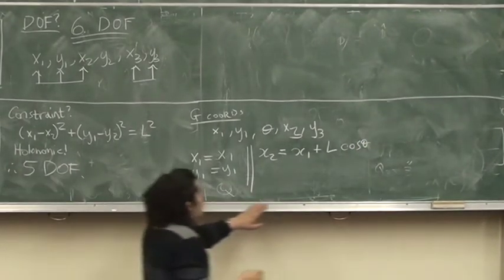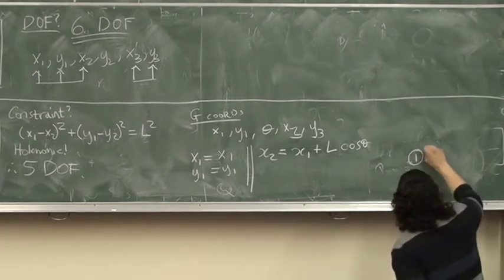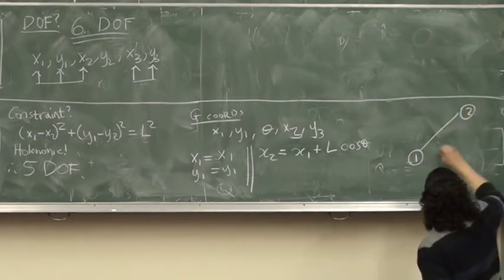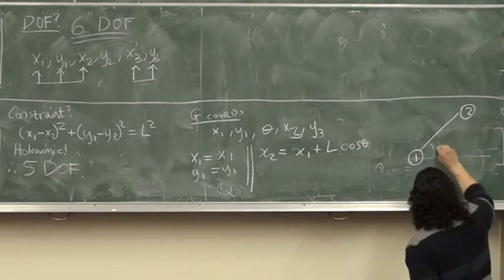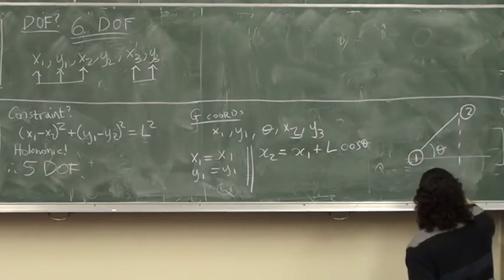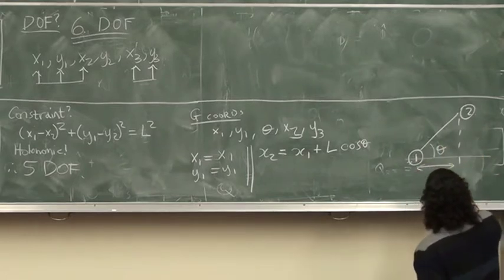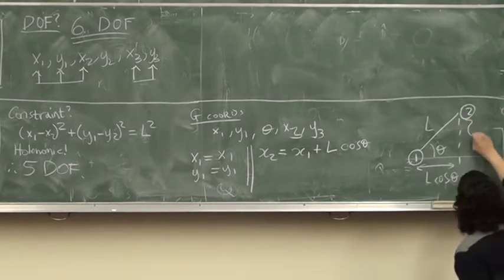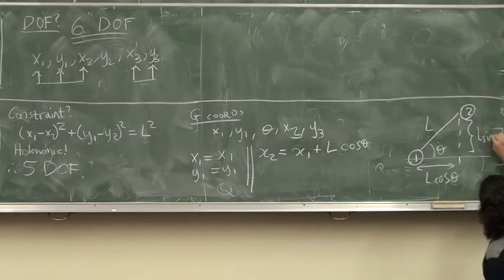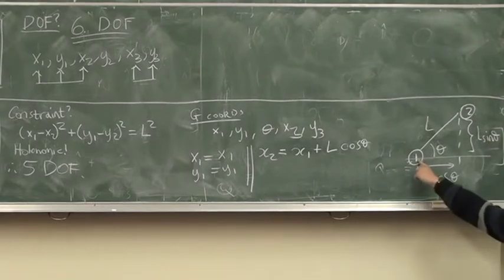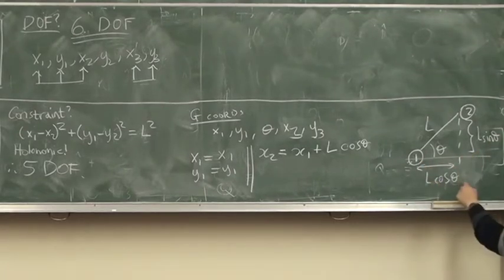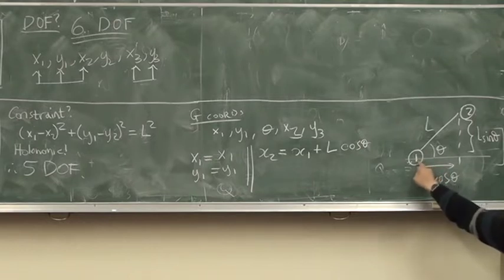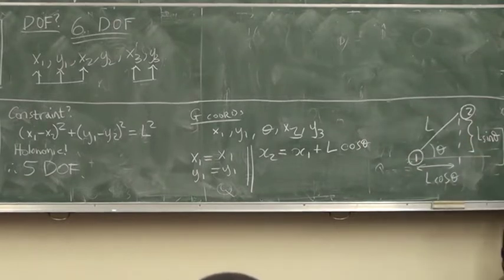I can draw these two particles together, 1 and 2, at an angle of theta from each other. The x difference here is L cos theta. The y distance here is L sin theta. So from x1 to x2, I move L cos theta. From y1 to y2, I move L sin theta.